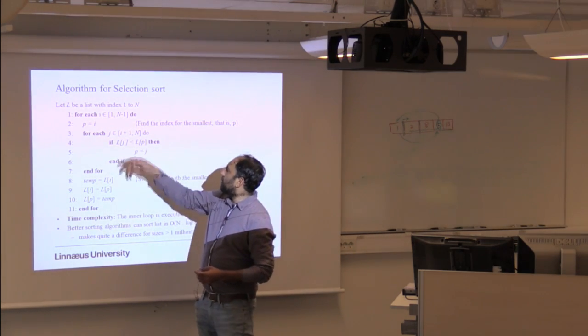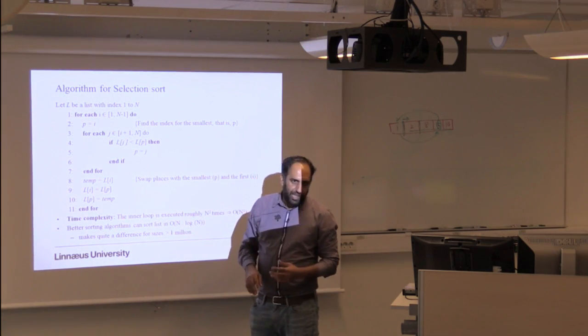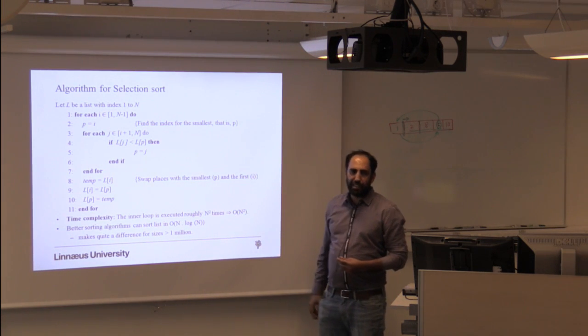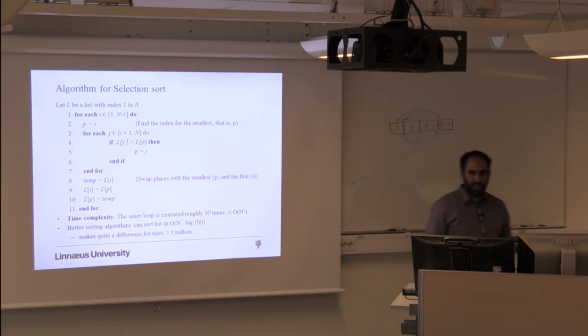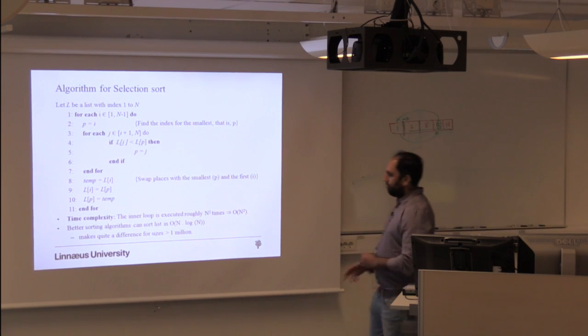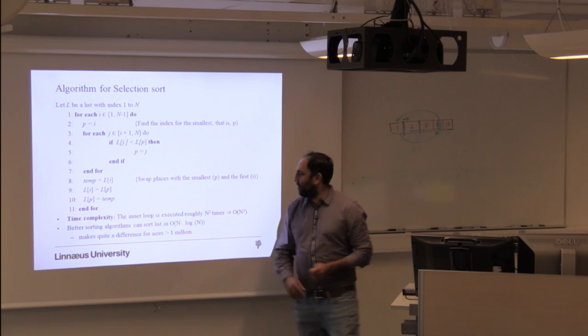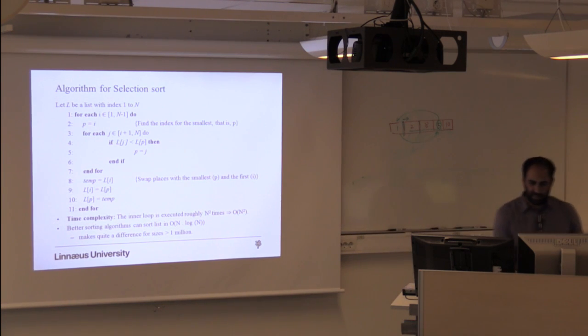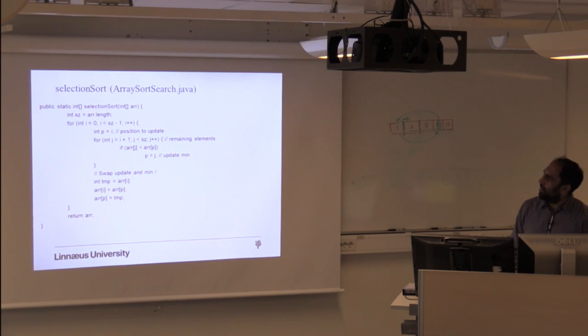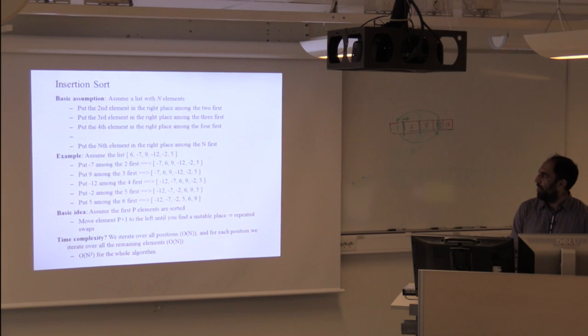Since this part is executed more or less n square number of times, the time complexity will be O of n square. But we have some better algorithms than this one, so we will talk about that later on. And that's just Java code for the selection sort, so it's nothing complicated here.